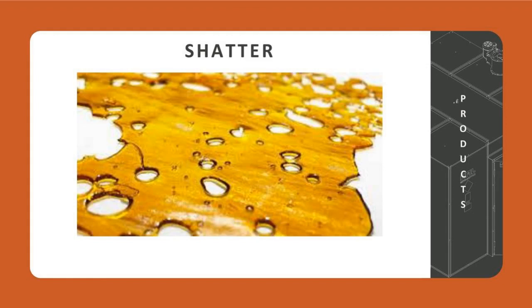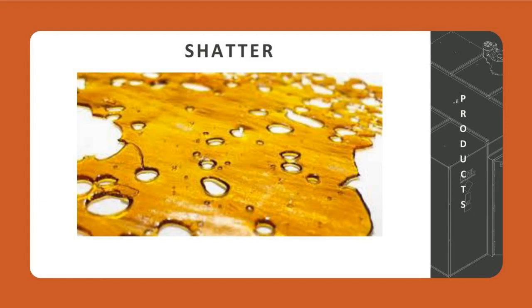And so shatter is a very straightforward process. What you do is you take your hydrocarbon extract, and before it's ready to go, you're going to need to essentially purge residual butane or hydrocarbons that are trapped within that sappy mixture. So you'll take your hydrocarbon cannabinoid solution out of your closed loop system. You can pour that into a thin sheet, typically on a piece of parchment paper, and then you place that into a vacuum oven.